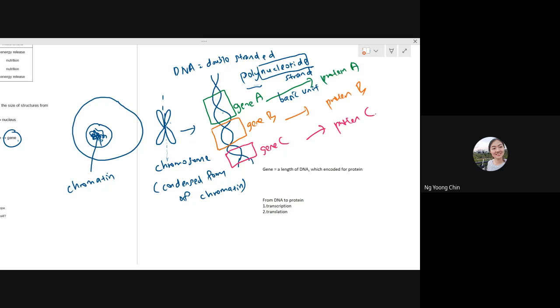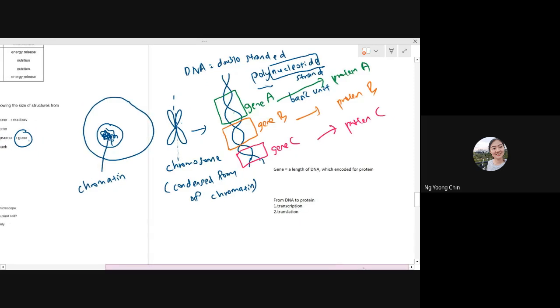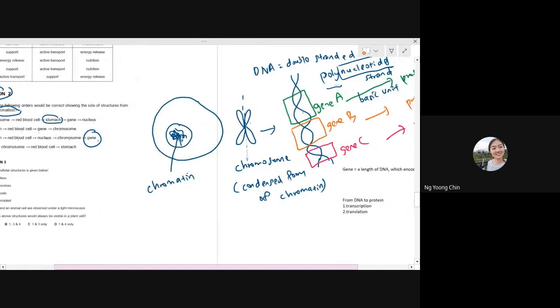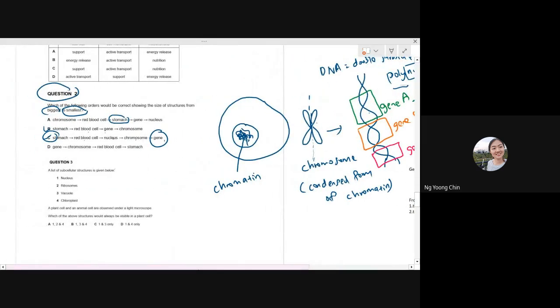Every portion of the DNA made out of a gene will produce its own protein. Maybe you are not too clear about it. It's okay. We will slowly learn about the DNA and the gene in detail in, I think, chapter 17.